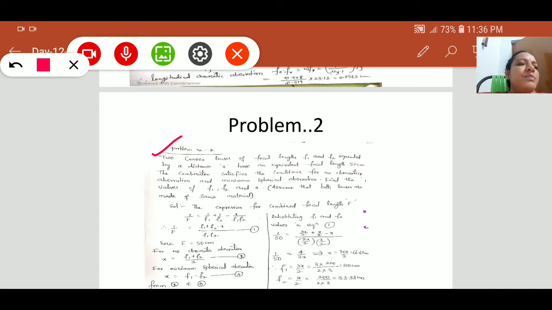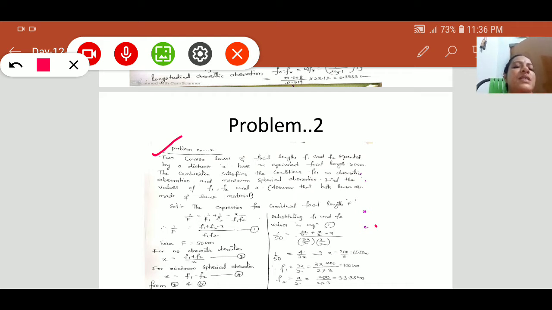By seeing this problem, what we understand is that the problem is based upon chromatic aberration as well as spherical aberration. So we have to use the removal conditions for both.